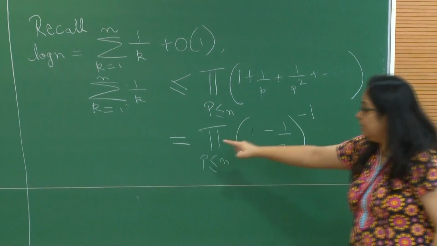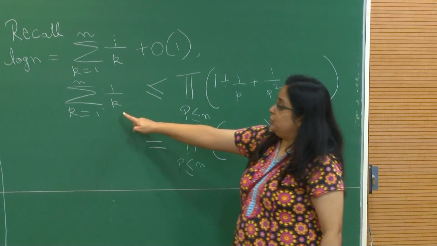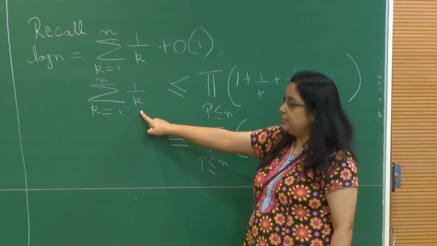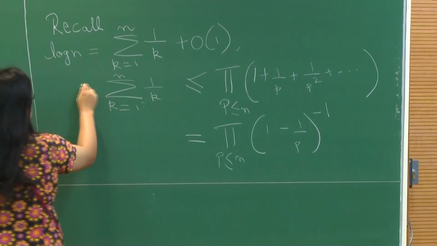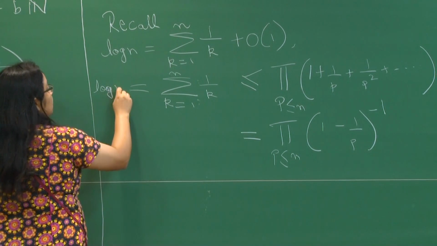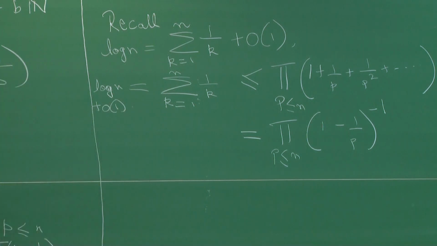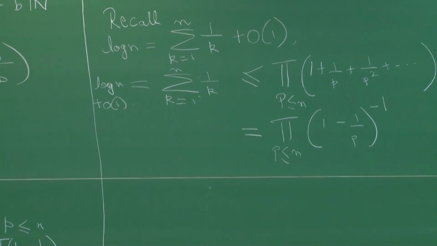You are telling me that this product is greater than or equal to this sum, which in turn is log n plus O of 1.